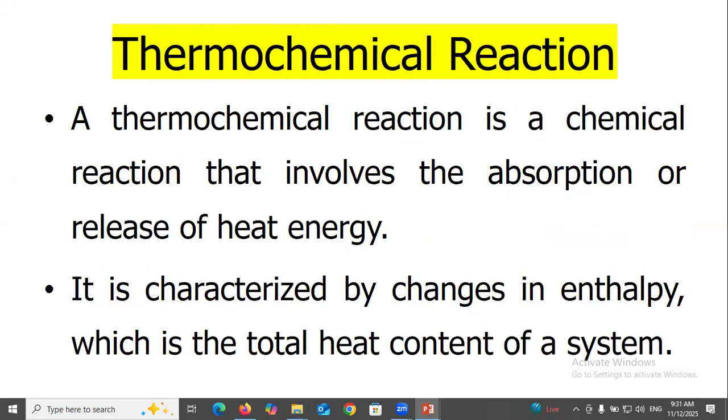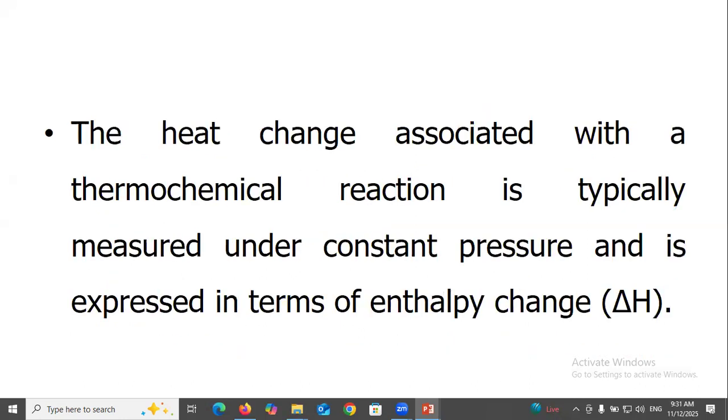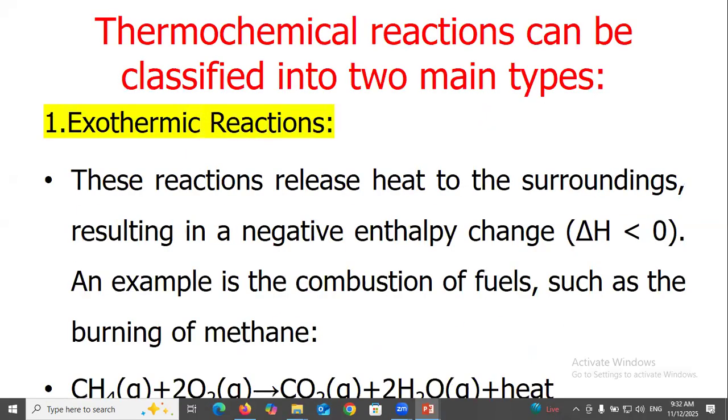processes. Thermochemical reaction: a thermochemical reaction is a chemical reaction that involves the absorption or release of heat energy. It is characterized by change in enthalpy, which is the total heat content of a system. The heat change associated with a thermochemical reaction is typically measured under constant pressure and is expressed in terms of enthalpy change.